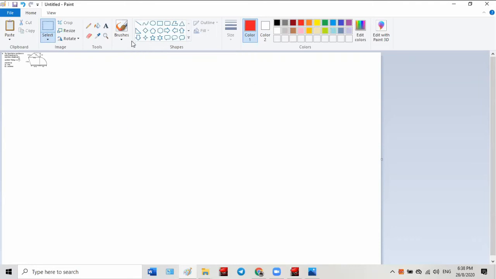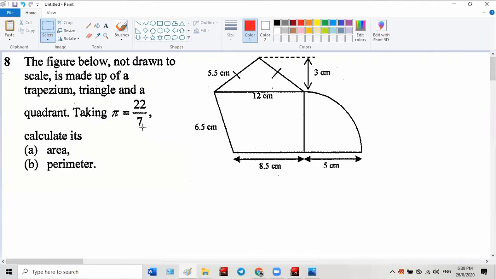Here now is another beautiful shape. The figure below, not drawn to scale, is made of a trapezium. Where's the trapezium first? For a trapezium, you must see 2 parallel lines. Here is one, here is the other. As long as it is a 4-sided figure with 2 parallel lines, this is your trapezium.